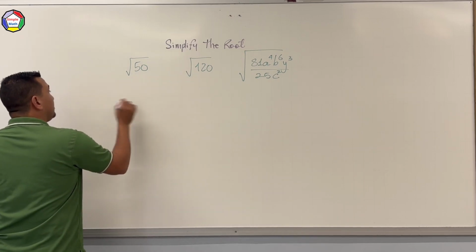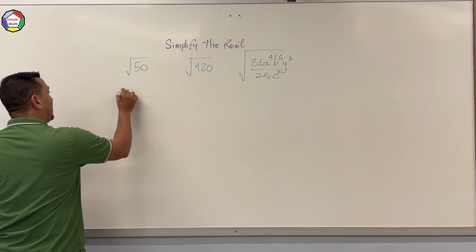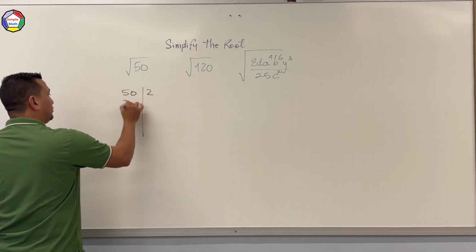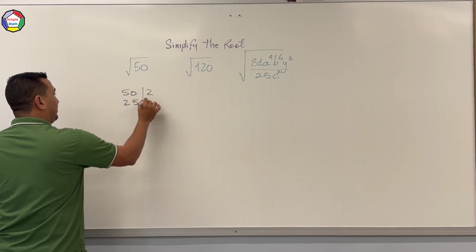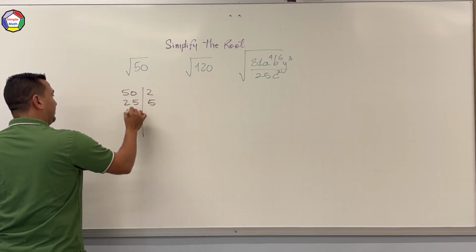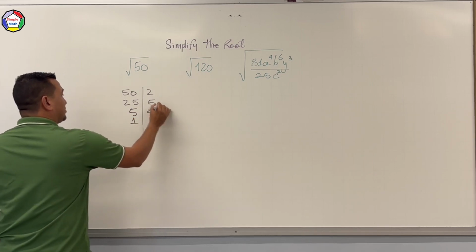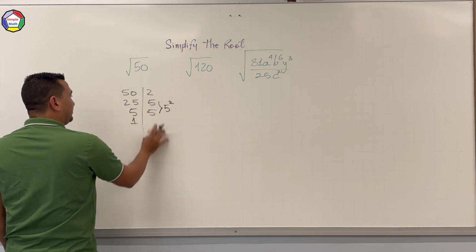So we take the 50 and then we do the prime factorization. As you know, 50 is divisible by 2. The answer is 25. 25 is divisible by 5. 25 divided by 5 is 5. 5 divided by 5 is 1. So this is the same as 5 squared.